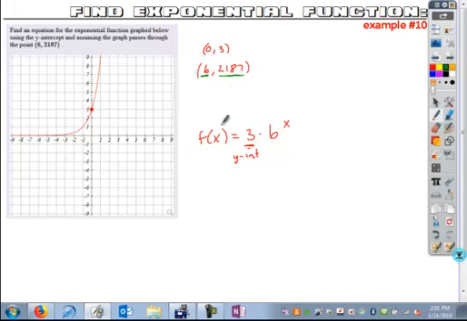So my y value, 2187, is equal to 3 times b to the power of 6. It's just a matter of divide by 3 and then extract this root. You can use the 6th root, or you take the reciprocal power, the 1/6, which is just going to be easier for me to do.